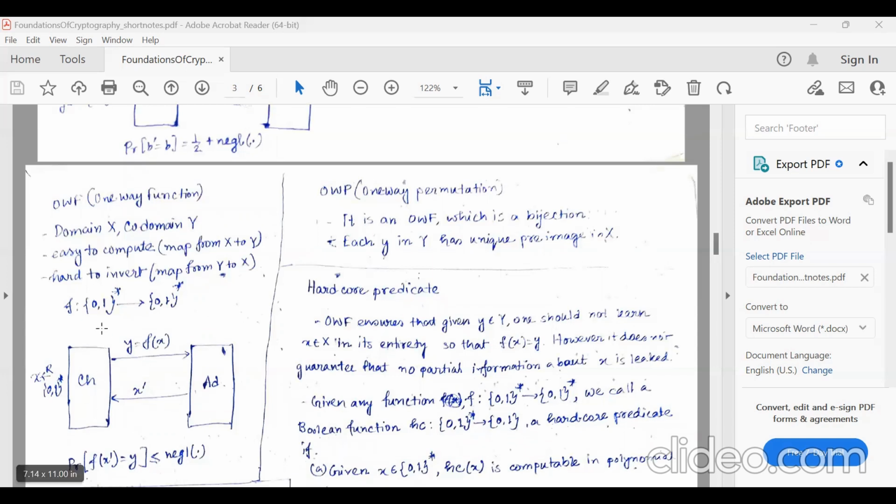Each input from the domain X should map to exactly one output in the set Y, then the function is called 1 to 1, and onto means all the elements in the set Y should have exactly one unique pre-image in the set X. That is what a bijection is. So if a one-way function is a bijection from the set X to set Y, then we call it a one-way permutation. Each small y in the set capital Y has a unique pre-image in X.